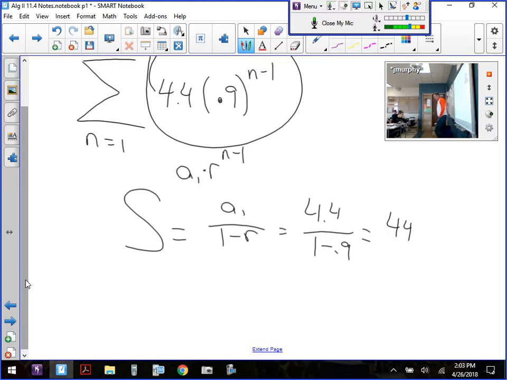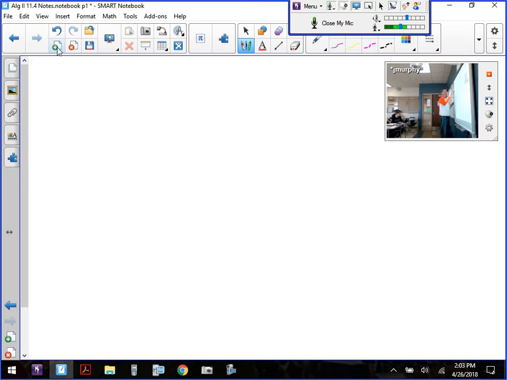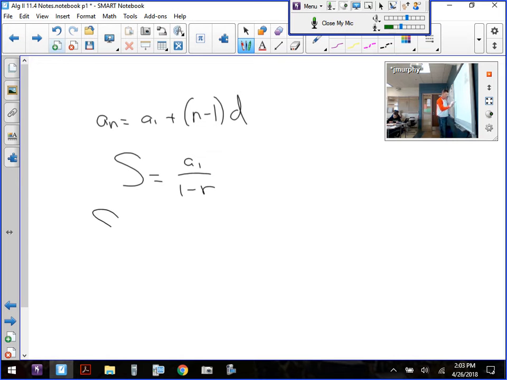Anywho, so formulas. And I know a lot of you guys are freaking out about formula stuff. What'll happen with the test is I'll have on a sheet of paper, was it N or first term here? I forget. It was first term.